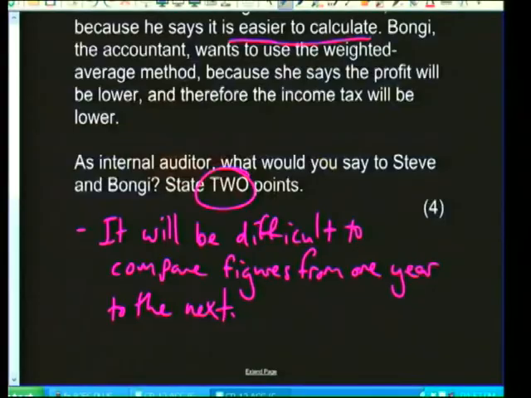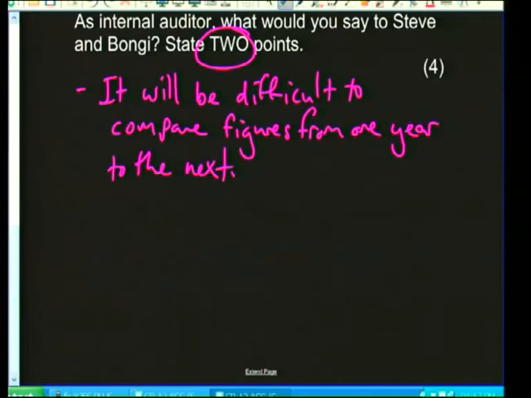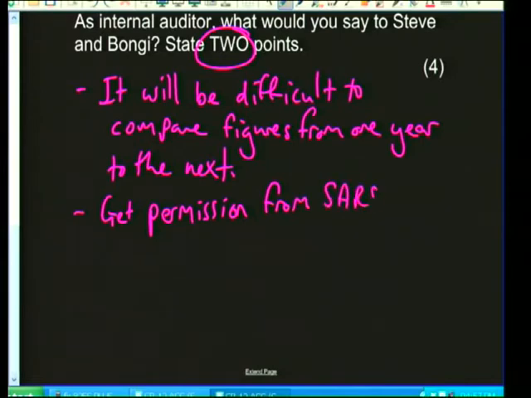A second reason is that before you can just change your stock valuation method, you have to get permission or clearance from SARS to actually make the change. Because we know that our stock valuation method is going to affect our gross profit. If you use the weighted average system instead of the FIFO system, depending on what's happened during the year, you could get a different gross profit.